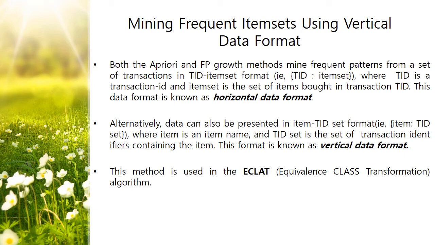So this format is known as vertical data format. This is used in one algorithm known as equivalence class transformation, in short ECLAT algorithm. So this is a particular method that has a different representation of the data.